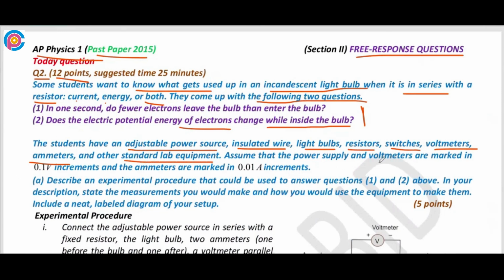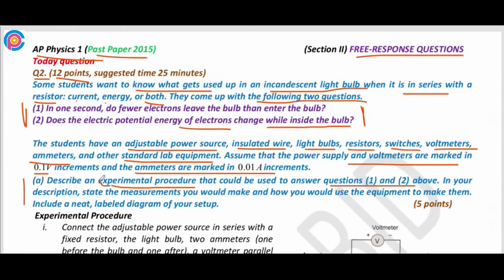Assume the power supply and voltmeter are marked in 0.1 volt increments and the ammeter in 0.01 ampere increments. Part A: describe the experimental procedure used to answer questions 1 and 2.